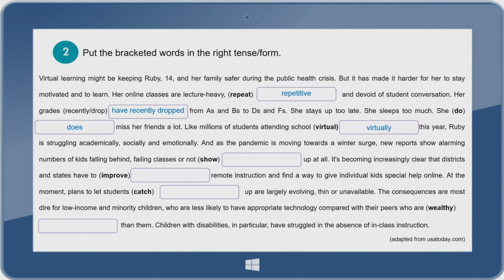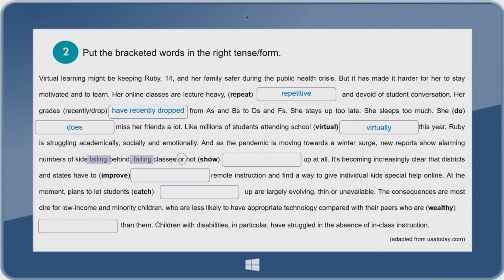And as the pandemic is moving towards a winter surge or increase, new reports show alarming numbers of kids falling behind, failing classes. Falling, ing, failing, ing, and then we have the conjunction or. So we are going to continue with the same form to obtain a parallel structure.